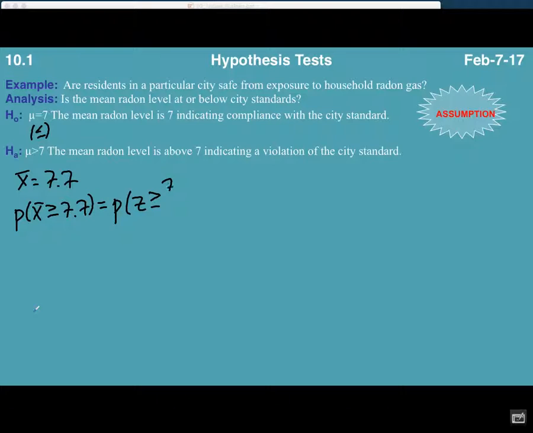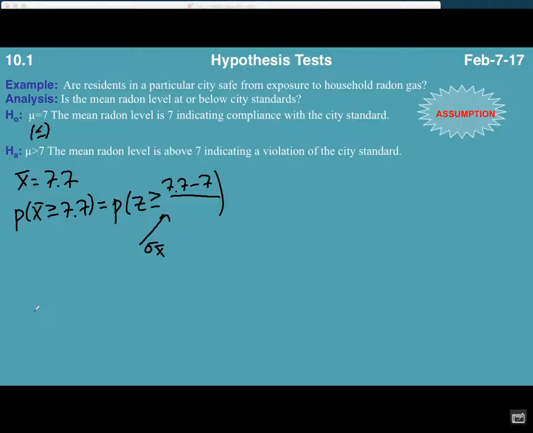So we're going to do 7.7 minus 7 over, this is where you need to be careful. Here, we need the standard deviation of the sampling distribution. How do you find that? It's not the same as S. S is the standard deviation of the sample.